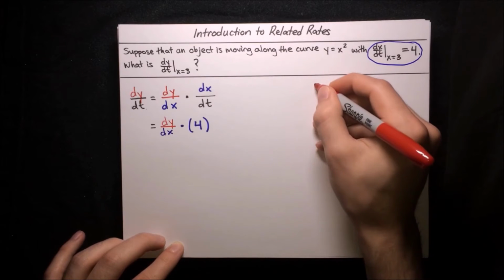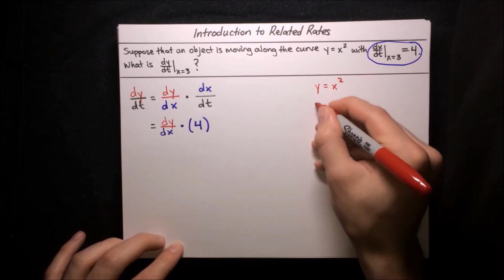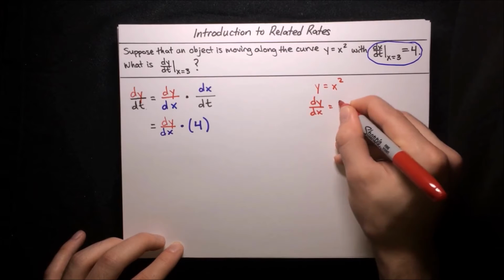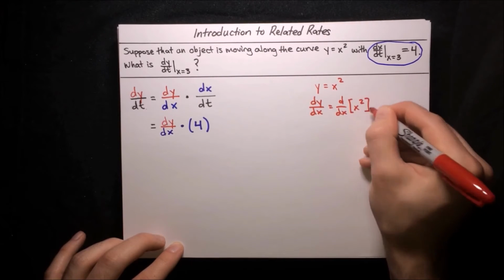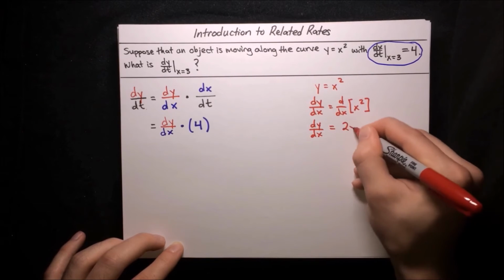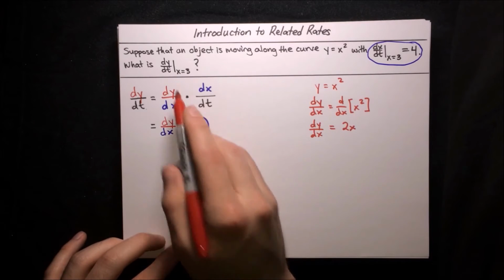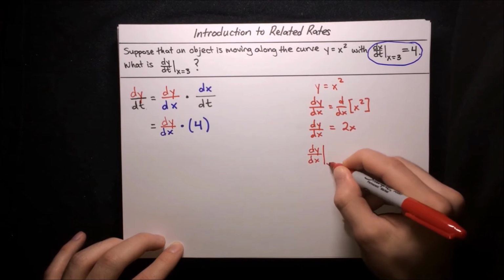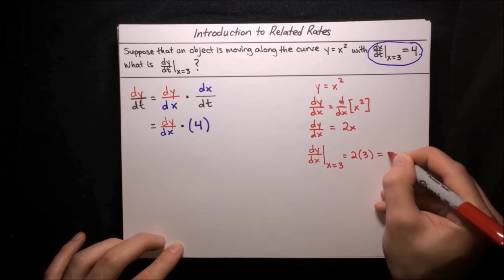We know that y equals x squared, so we can differentiate both sides. dy/dx is the derivative with respect to x of x squared, which means dy/dx is equal to 2x. And we're interested in the moment when x is equal to 3, so dy/dx at x equals 3 is equal to 2 times 3, which is 6.